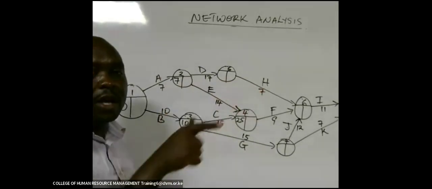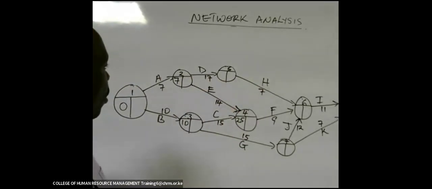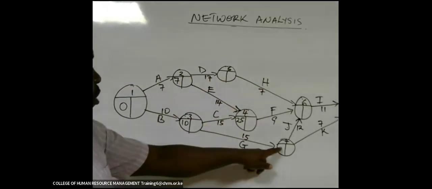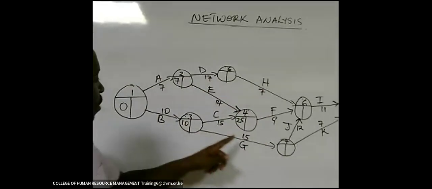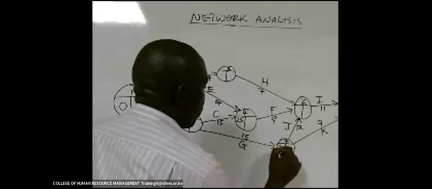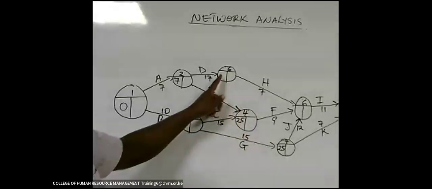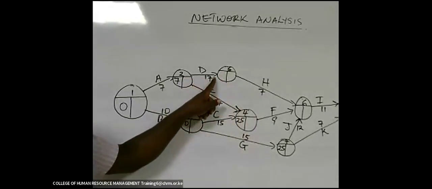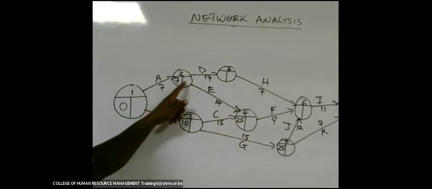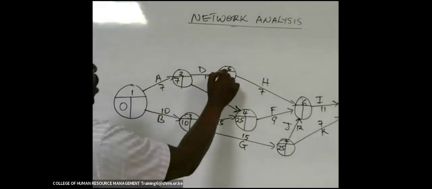You take the higher figure. What about here? It is 1 arrow, so it is 10 plus 15, 25. What about here? It is 1 circle, 1 arrow, sorry, that is pointing there. 7 plus 17, it is 24.